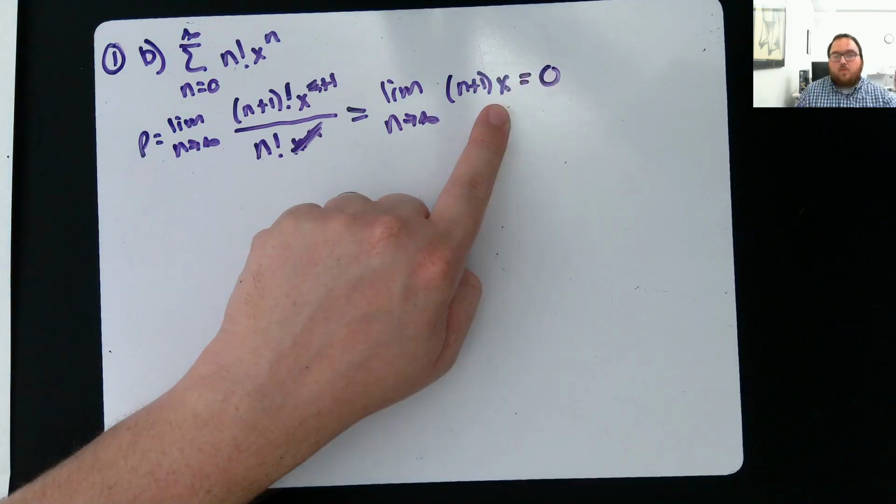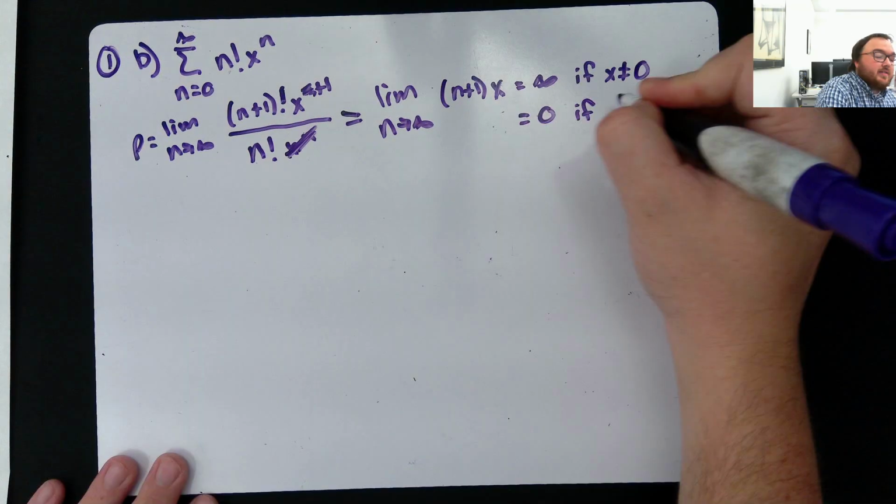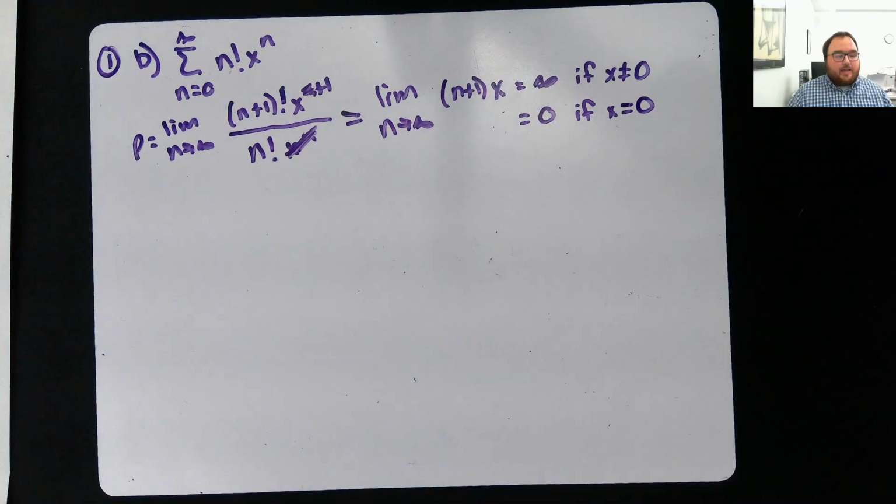But if it's not, if x is anything else, then this is getting really big, and the limit is equal to infinity. So what I would put is it's equal to infinity if x is not equal to 0, and it's equal to 0 if x is equal to 0. Let me know if that doesn't make sense.